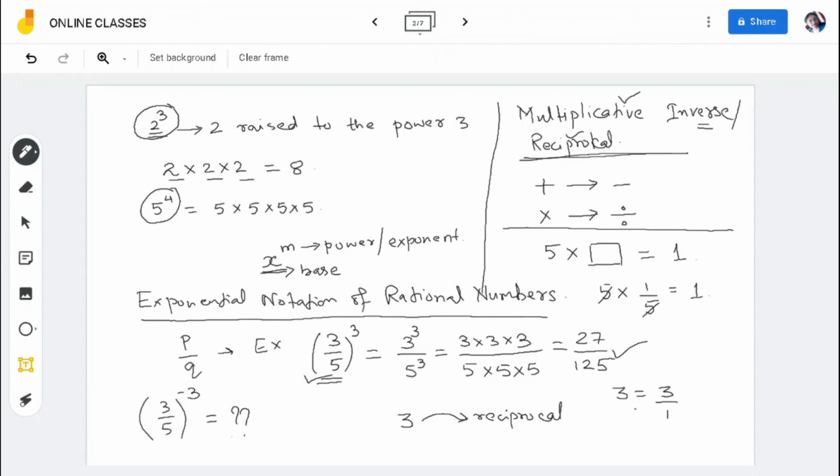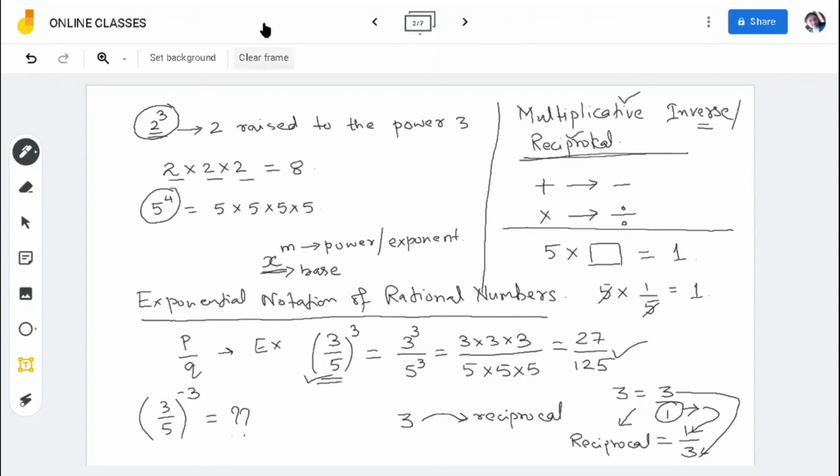So its reciprocal will be, here it is 3 by 1, so it will be 1 by 3. So here you can see that whatever was in the denominator, I have written in the numerator, and whatever was in the numerator, I have written in the denominator.